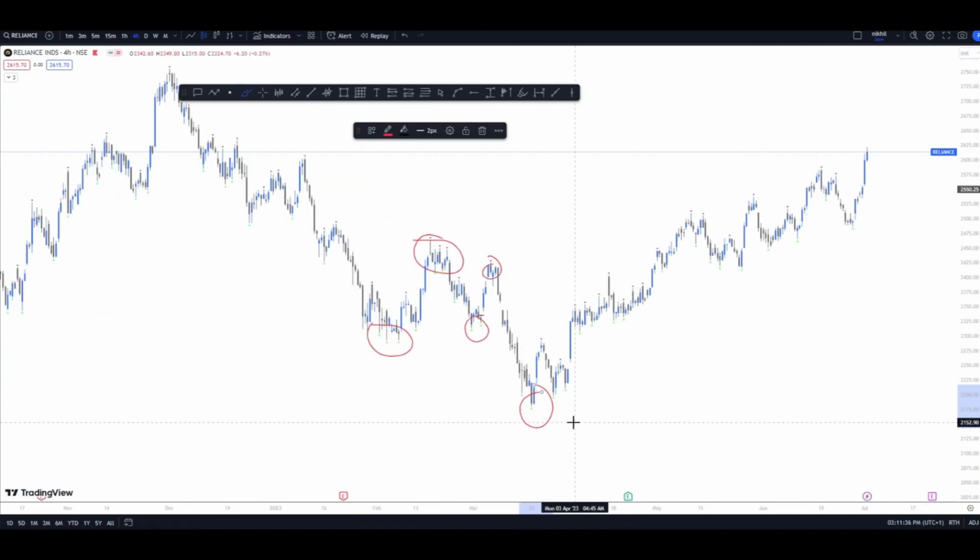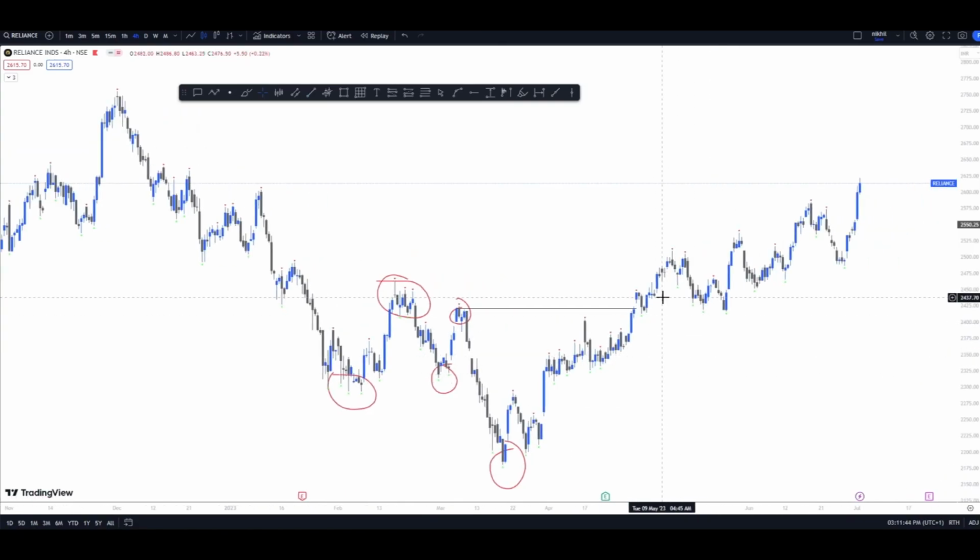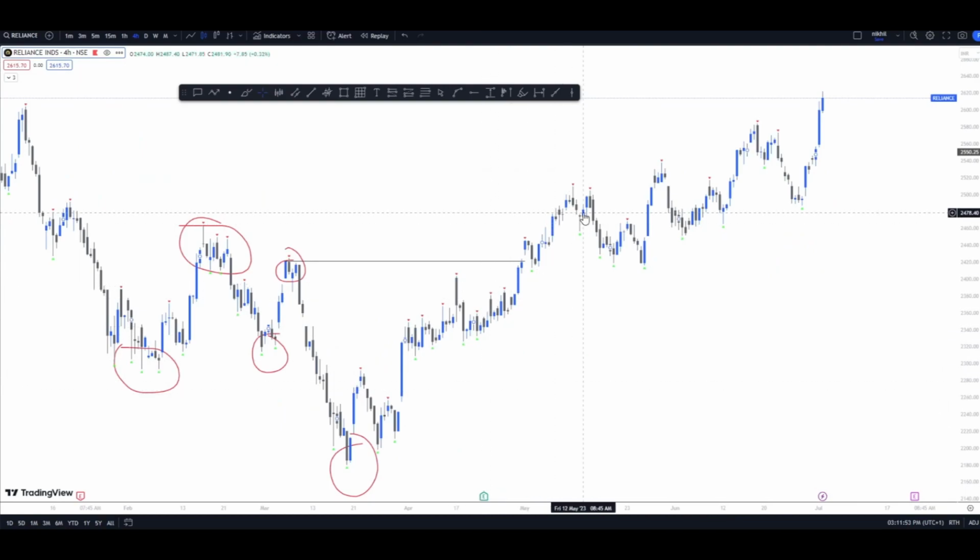Then what happened? We broke this high here. So can I say that we changed the trend from downtrend to uptrend? Yes, correct. So from here we start tracking the price.